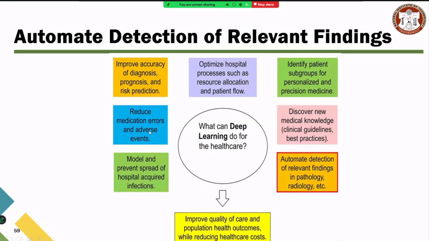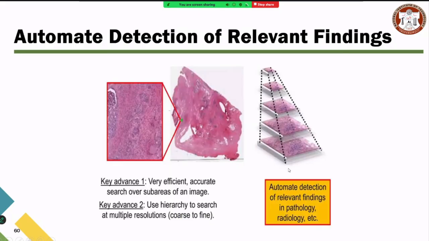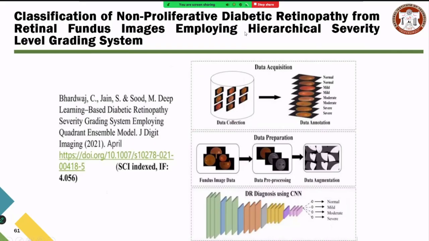See here, how cancer cells are going to be detected, automated detection of relevant findings in pathology, radiology, that means skin-based diseases, everything. You see this, the classification of some diabetic aspects. See here, which is going to process our eye retina, and it will come up with a conclusion of whether it is normal, mild, moderate, or severe, those kinds of things. It's a decision.